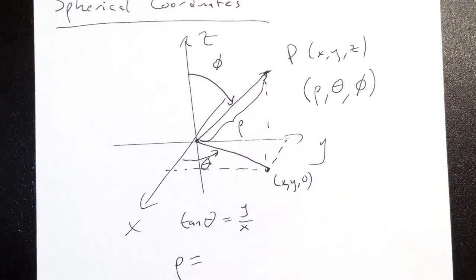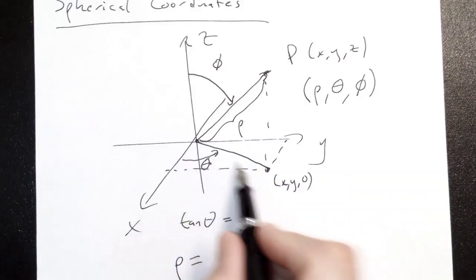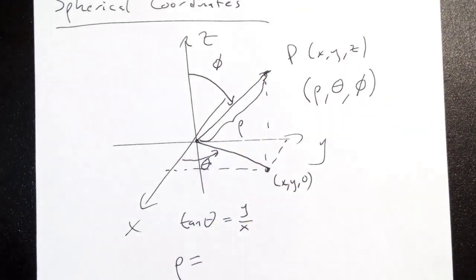Rho doesn't go just in xy though. Because rho is going that way, right? Not that way. The distance square root of x squared plus y squared would be the distance here. I'm going up this time.